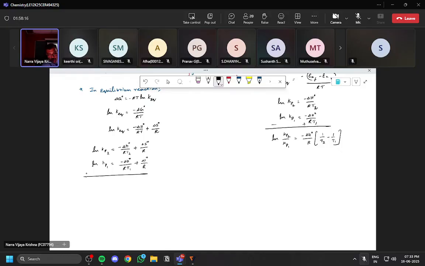Now I am subtracting both. What do you get? ln(Kp2/Kp1) equal to... Can I take ΔH by R common in these two? So minus ΔH°/R I am taking common into (1/T2 - 1/T1). And what about these two terms? Gets cancelled. Now what I got?